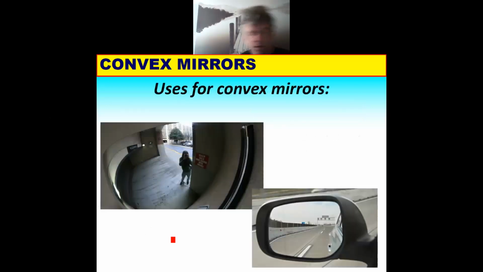Uses for convex mirrors. If you've ever worked in or been in a place where they're running forklifts or traffic in a parking garage, you'll see a mirror like that on the top, usually, so that you can see around the corner, so that you can see what's coming around that corner or what's coming down the other way if you have a blind corner.